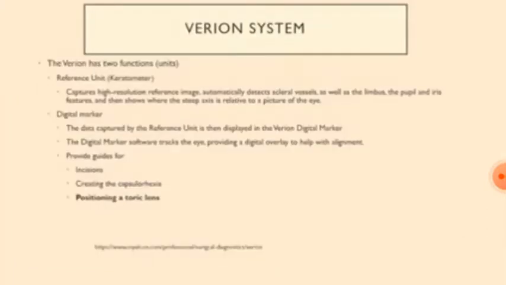The Verion itself has two functions. It can capture the K readings, but predominantly it is a digital marker which is of importance. Specifically, in digital marking, it will give you where to incise, how big or small the rhexis should be, and how to position the toric IOL. These things become very important when you're dealing with premium patients.